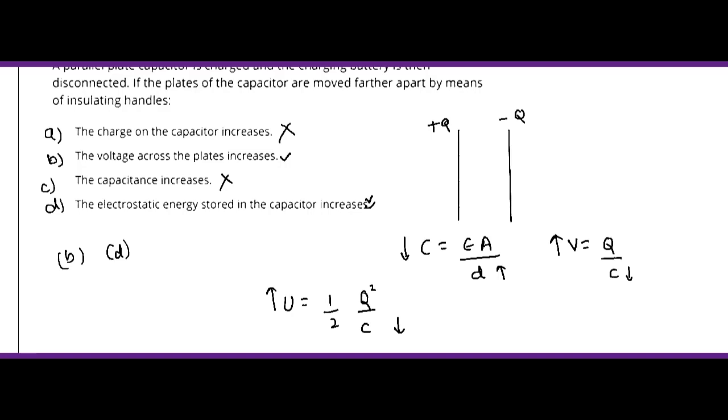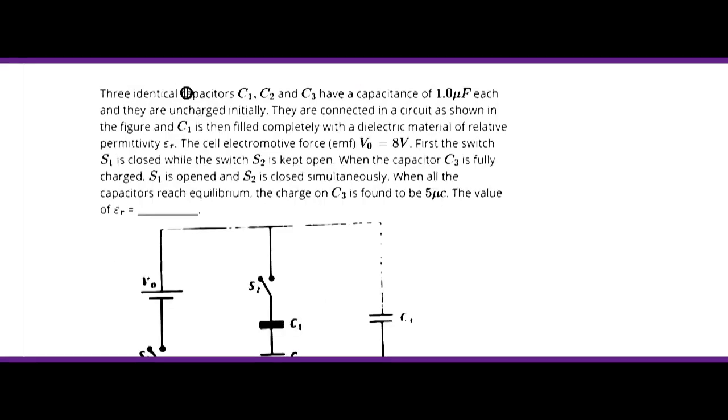Thank you. Hello students, today our question is: three identical capacitors C1, C2 and C3 have capacitance 1 microfarad each, and they are uncharged initially and they are connected in a circuit as shown in the figure. C1 is then filled completely with dielectric material of relative permittivity ER, and the cell EMF V0 is equal to 8 volt.